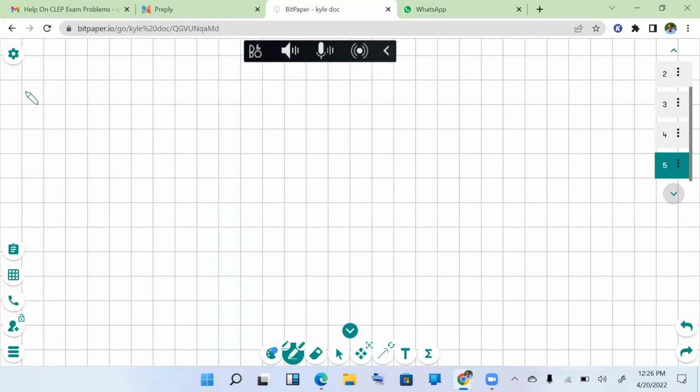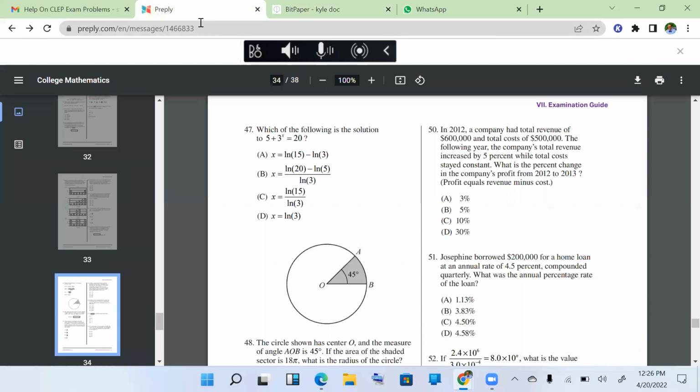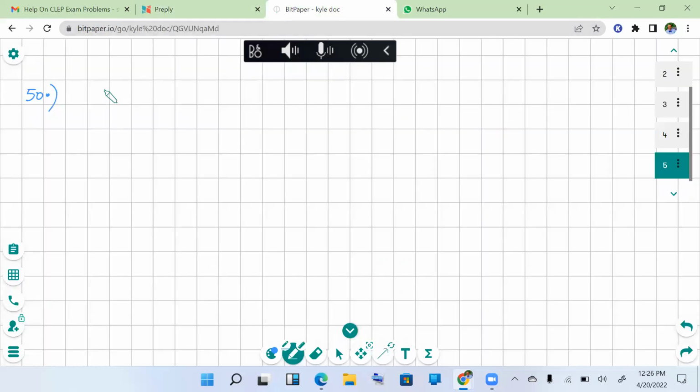So let's first write a summary of the question. Number 50. So we have a company. It had a revenue of 600,000 in 2012. So this is 2012. This is the revenue, and then these are the costs. Then we have the profit.